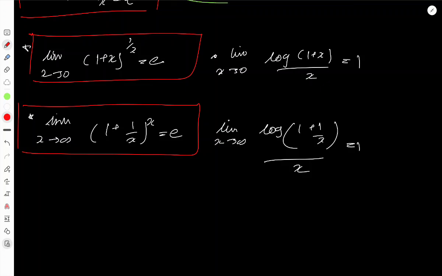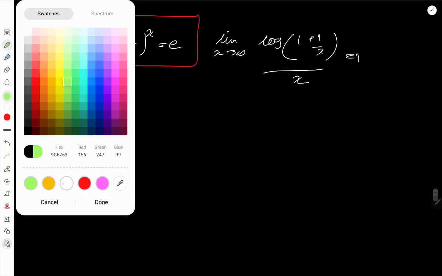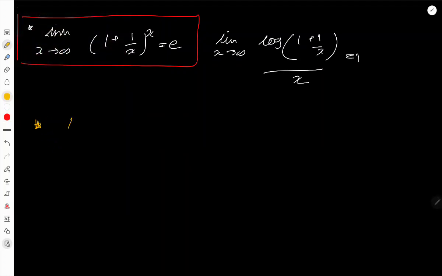Now let us discuss a little bit more, that is the theory of L'Hospital.